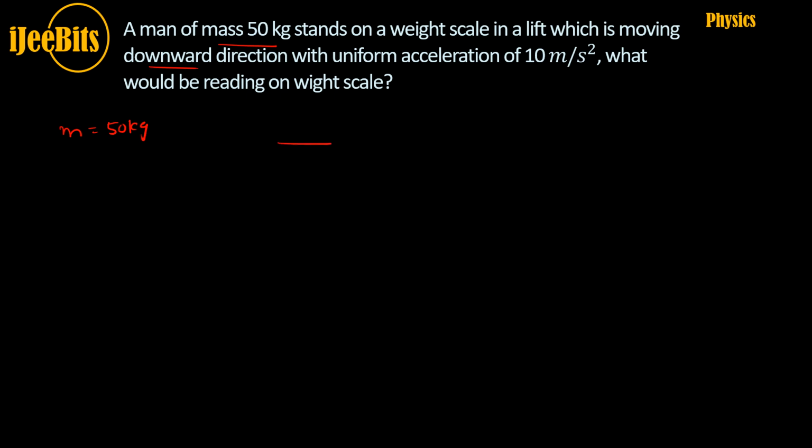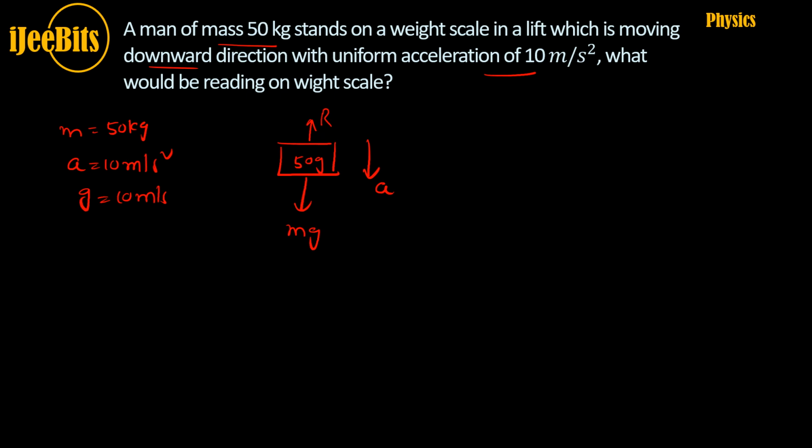If we say this is a block of mass 50 kg, then your reading would be the force in the upward direction, your mg would be in the downward direction, but you are also going downward with acceleration a, isn't it? a equal to 10 meters per second square is what is given. g you can take as 10 meters per second square as well. So according to the second law, how do you write this? How can you write the formula?